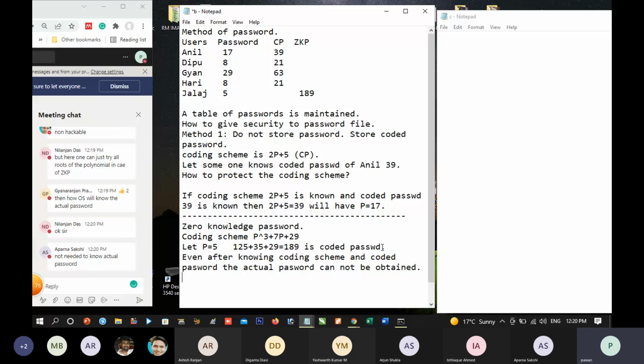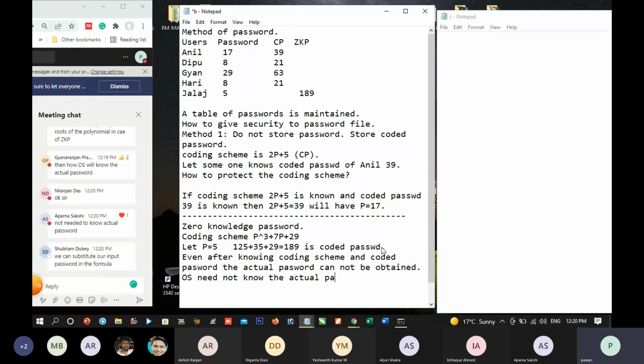That is correct. The OS need not know the actual password. Is this correct?